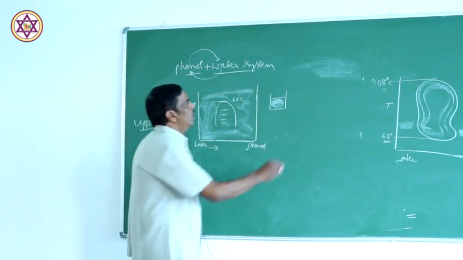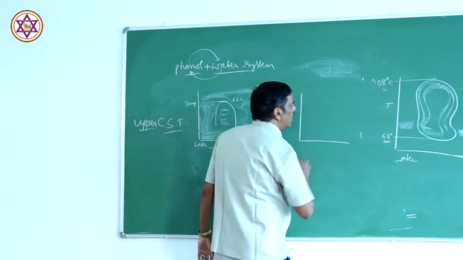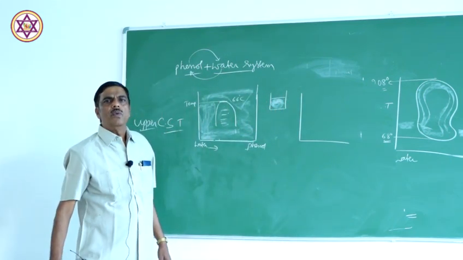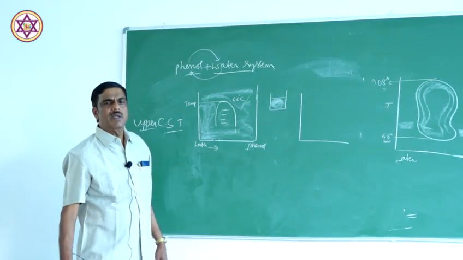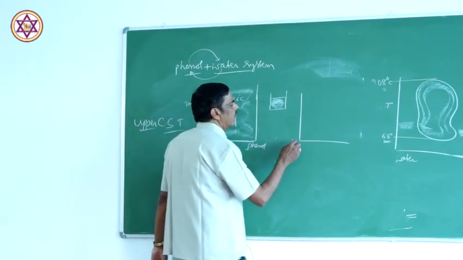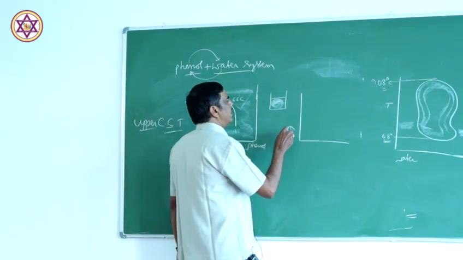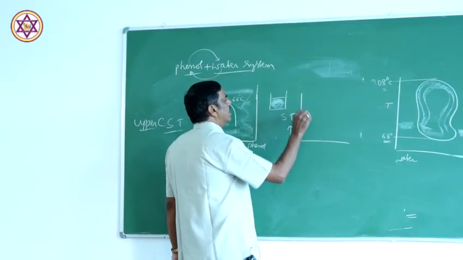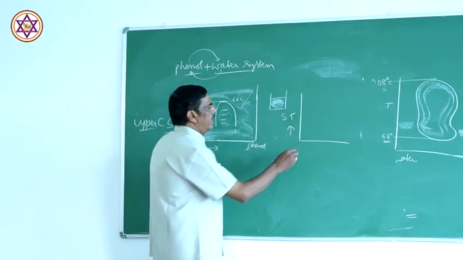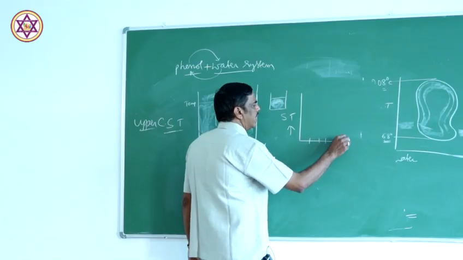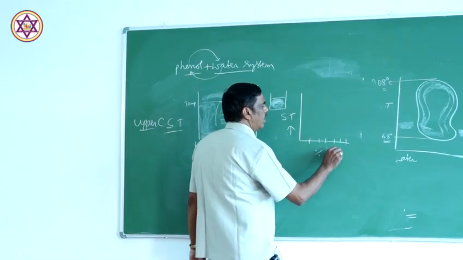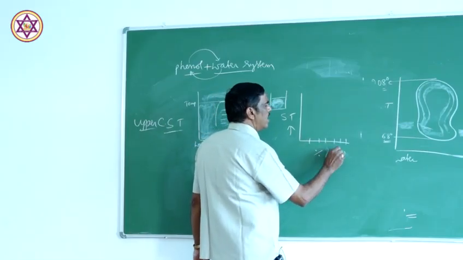For example, you can determine the critical solution temperature for various percentages of the impurity. You measure the solubility temperature, and you add different percentages of the impurity, or percentages of the solute.